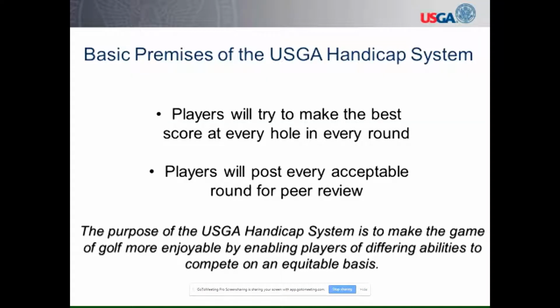The basic premise guiding the USGA Handicap System really is twofold: that every player, to the best of their ability, will score on every hole in every round, and that there's the ability for peer review. This is really important: people play with others and post their scores in a quick manner so that people can go into the system and evaluate whether something was posted correctly.